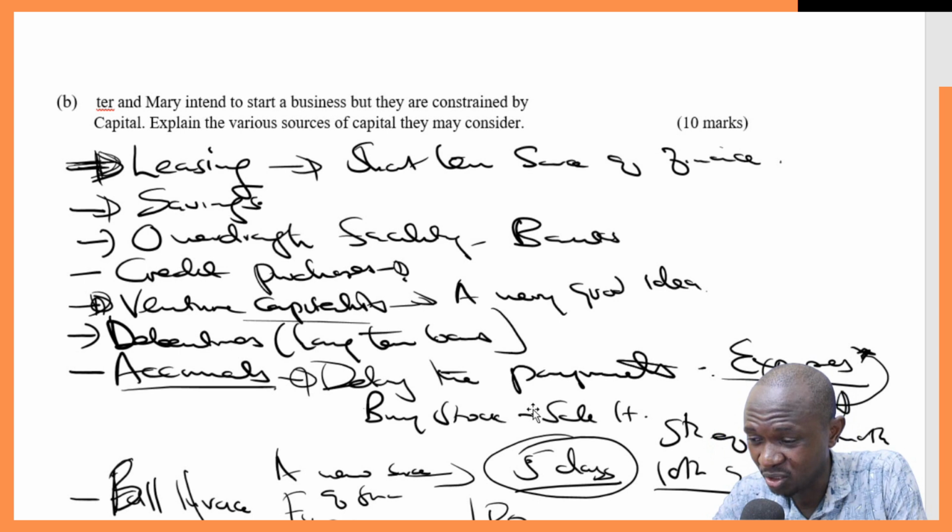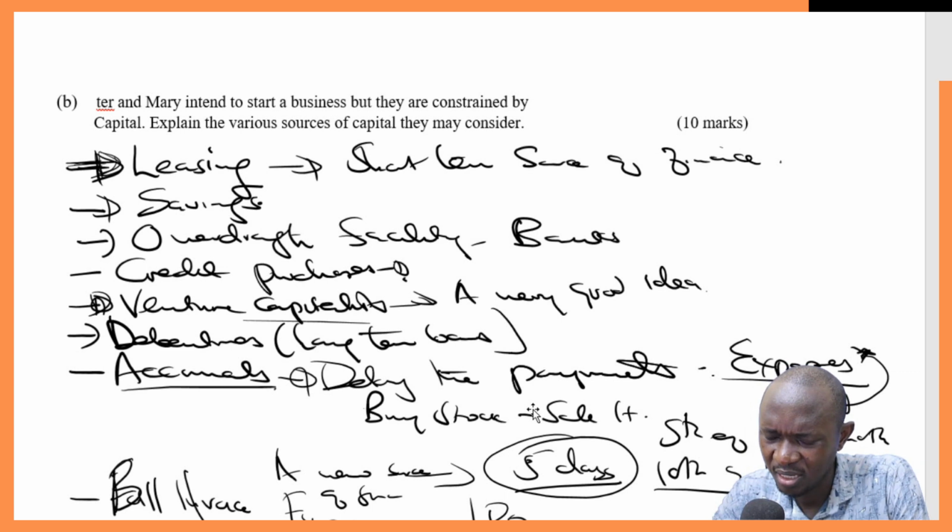LPO is local purchase order, or LSO, local sales order. So once you have that document, you can walk into any financial institution and use it as collateral for a credit facility. So we call it bill financing or invoice financing, or invoice discounting. All those terms will come in handy, where you simply use the LPO to access a credit facility.